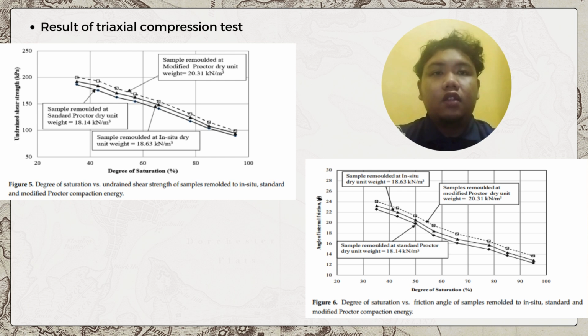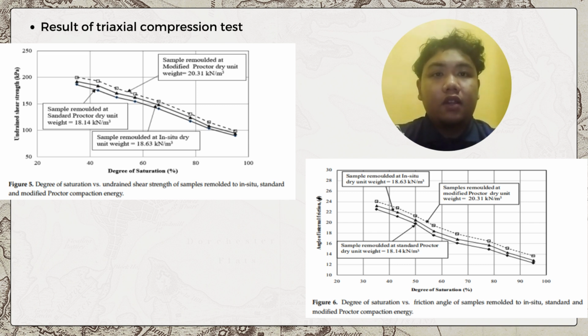The following conclusions are summarized. The first is based on the triaxial compression test result. It can be concluded that the undrained shear strength of the remolded samples at a particular degree of saturation increased by about 7% to 10% with the increased dry unit weight.